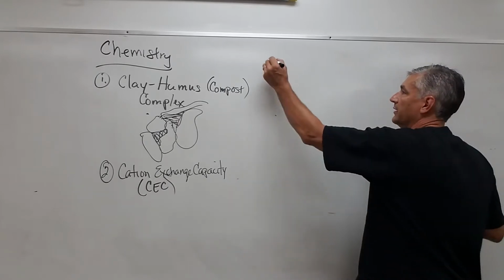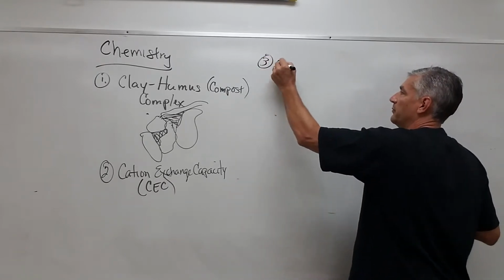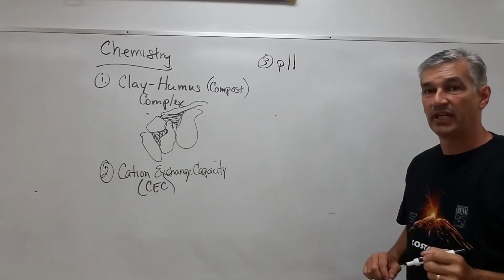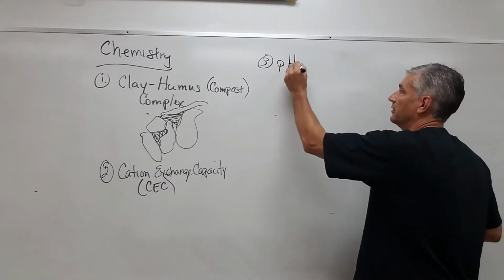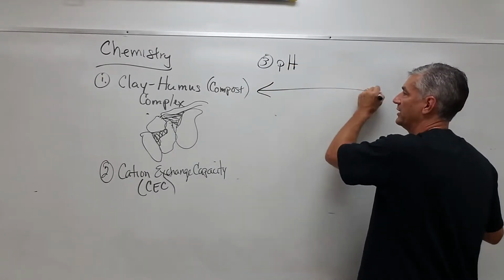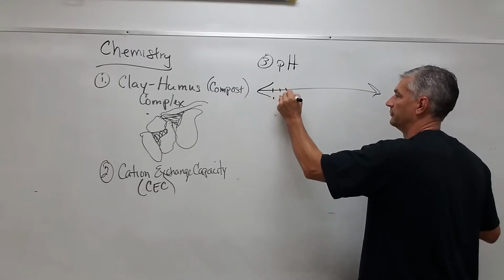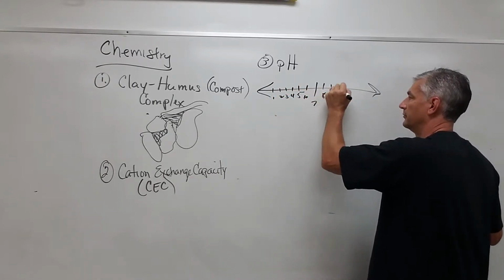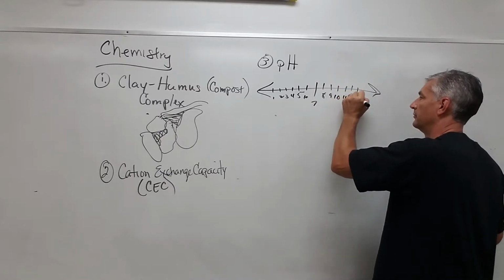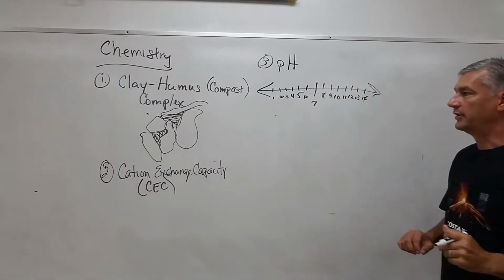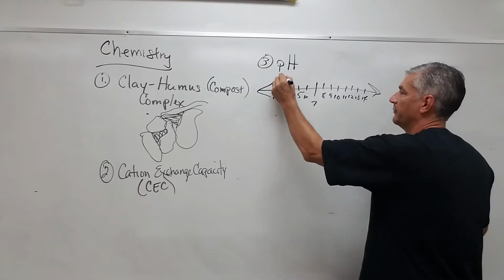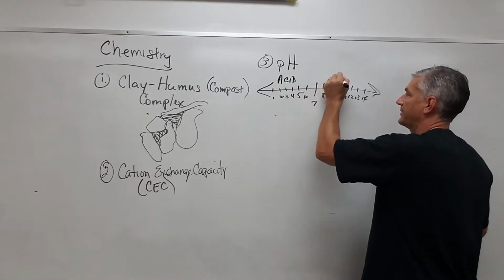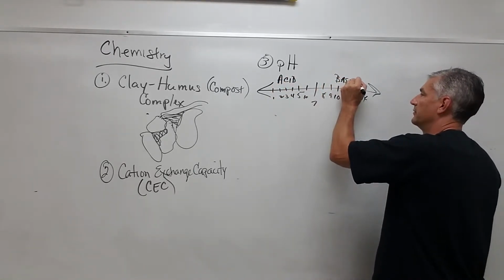Okay, and the third one, which is probably one of the most important ones, is pH. Now, I'm sure you guys have all seen a pH scale. And you know that pH is basically talking about two things, acids and bases, okay?